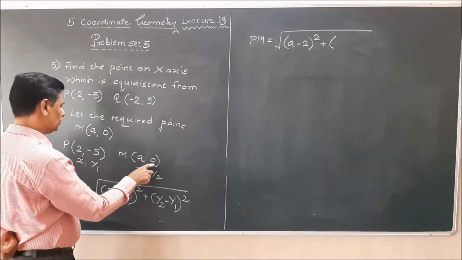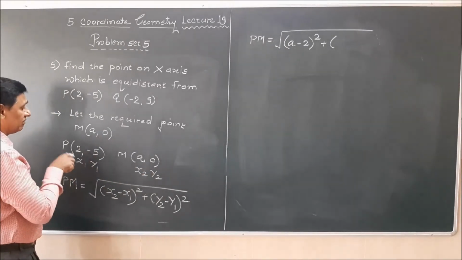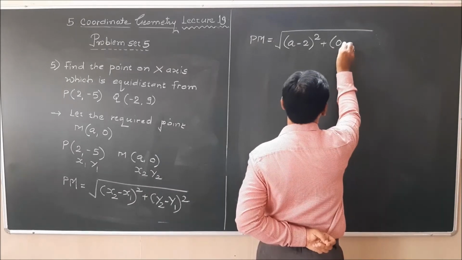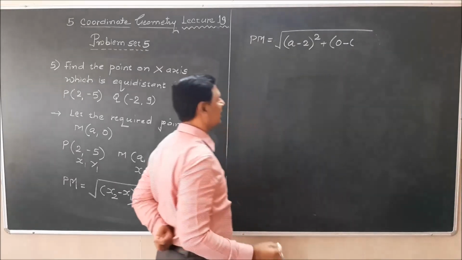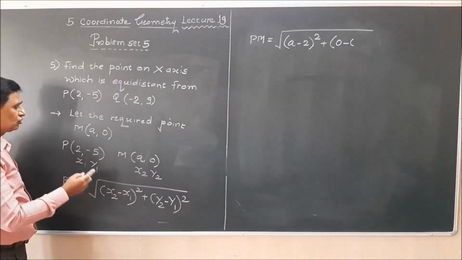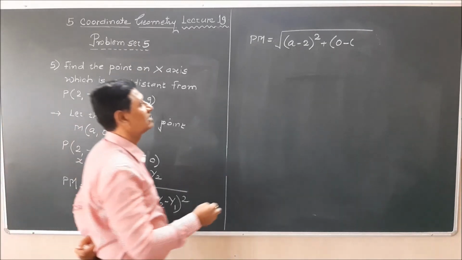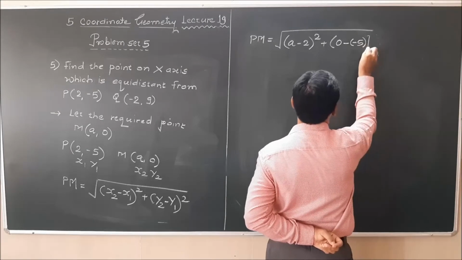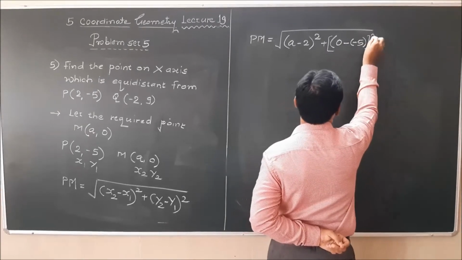What is y2? 0. What is y1? Very important. 0 minus of minus 5, please remember here y2 minus y1, that is plus 5, the whole square.